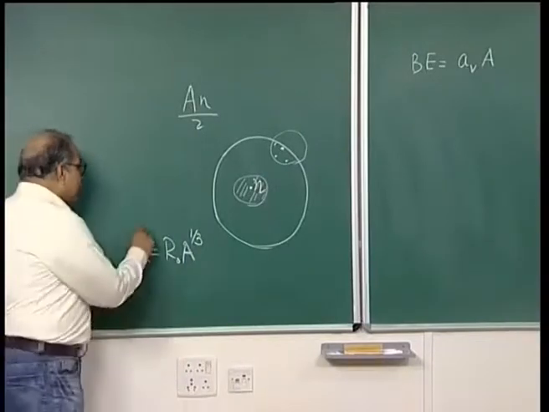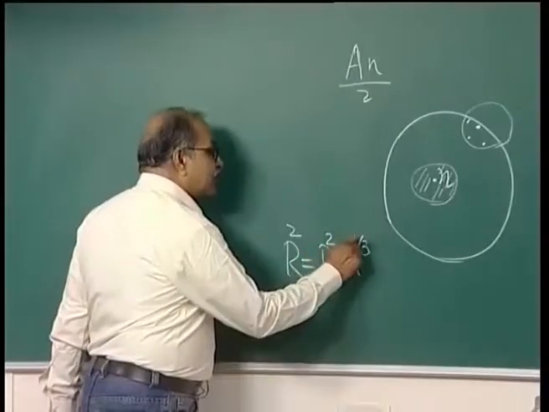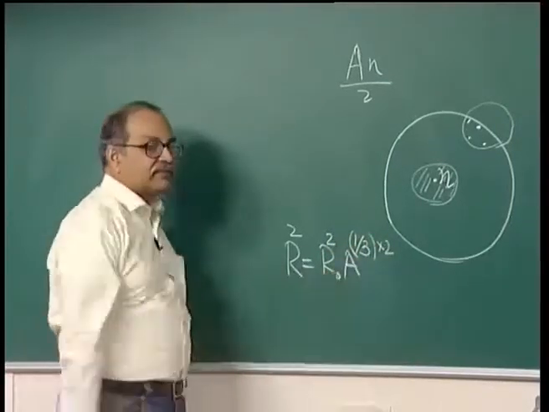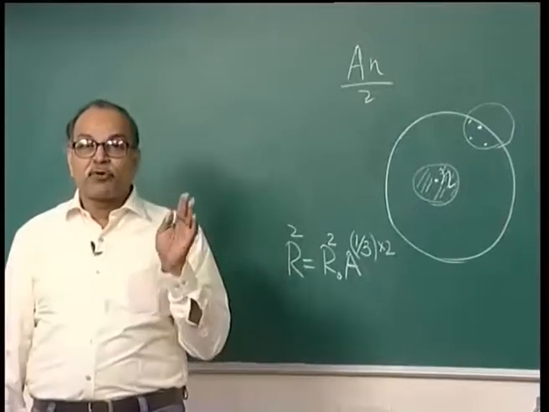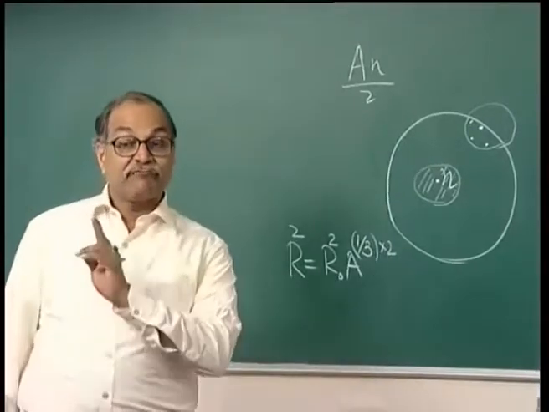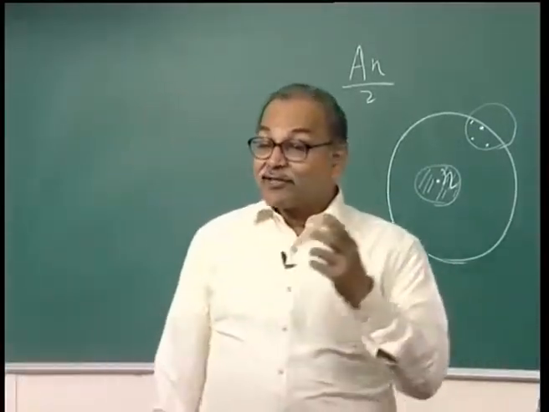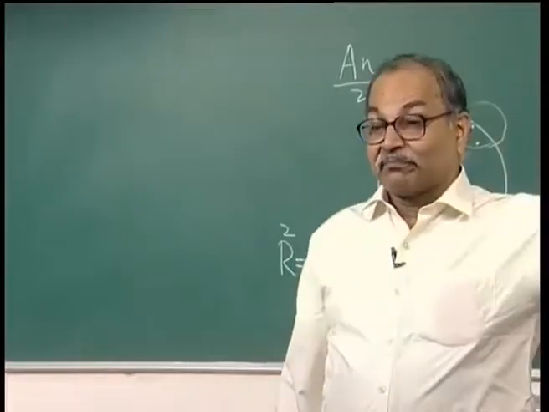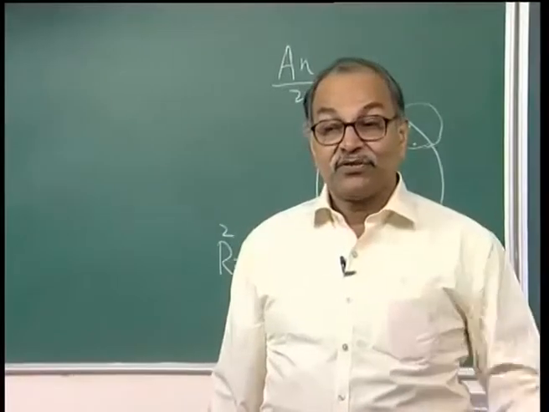So r square will be r naught square, and then this into 2, that is 2 by 3. So something proportional to capital A to the power 2 by 3 should be subtracted from this volume term because of the surface nucleons.